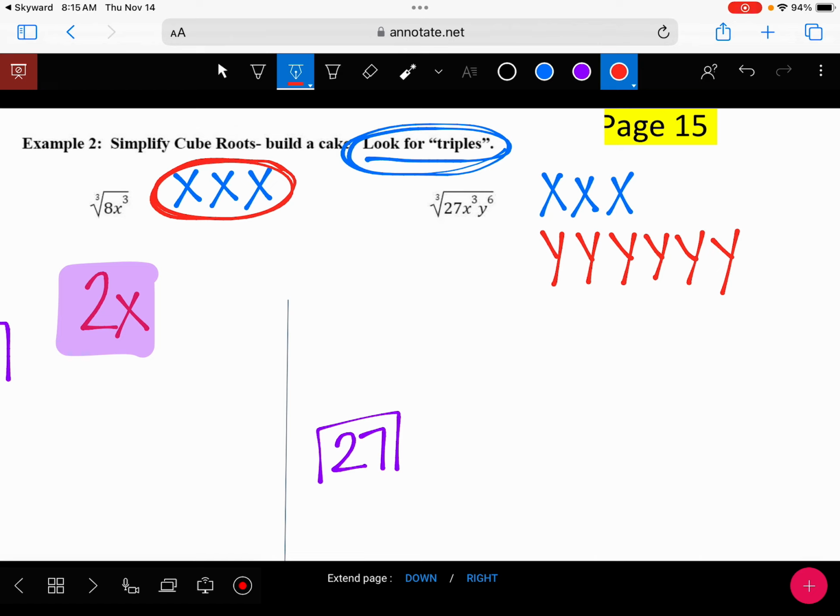So go ahead and build your cake with the 27. So we can't divide it by 2. So we're going to try 3. 3 goes into 27 9 times. 3 goes into 9 3 times. 3 goes into 3 1 time.